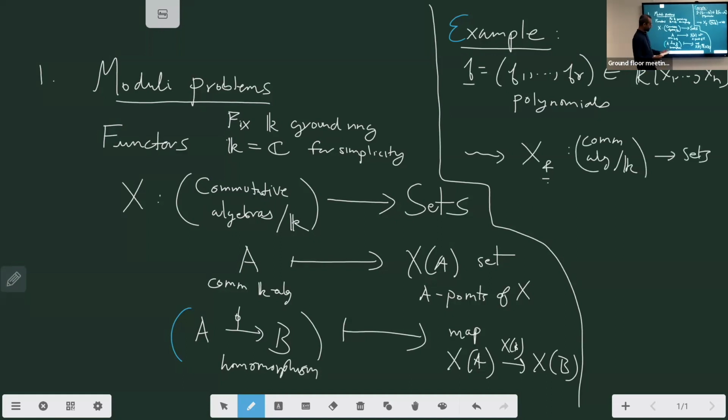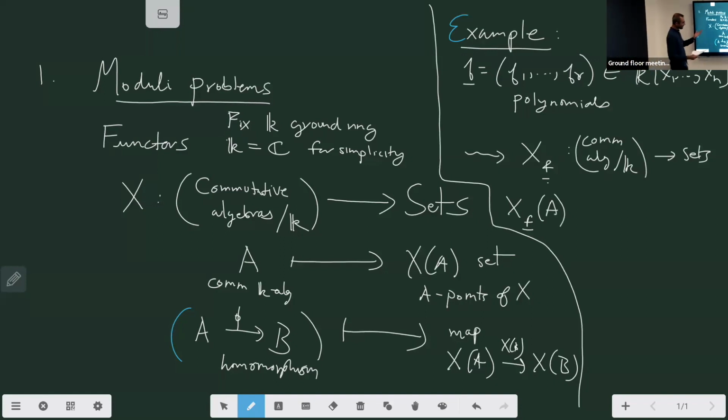Which is just X_F of some commutative algebra A. Well, what is a commutative algebra? It's just something where I can add and I can multiply. So in particular, I can take any polynomial and I can substitute for the variables in the polynomial elements of this ring and ask if I get 0.